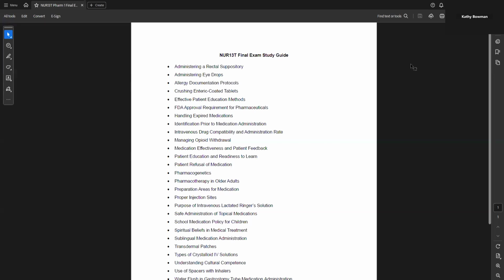Okay. And then in terms of positioning, after insertion, you're going to ask them to lay flat, either lay flat or on one side for about 30 minutes because it aids in absorption. Otherwise, it will just expulse. It will just come out. And I've seen this happen many times.